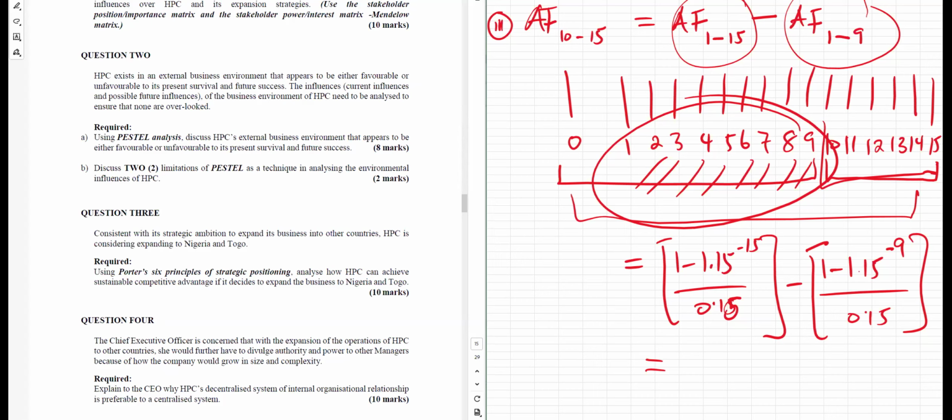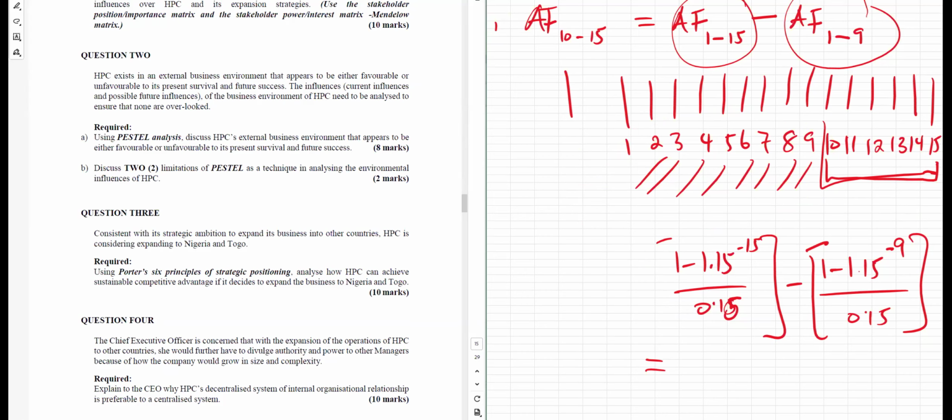For the 9-year one, I got 4.772. So if we subtract it, what do we get? We should get 1.075.